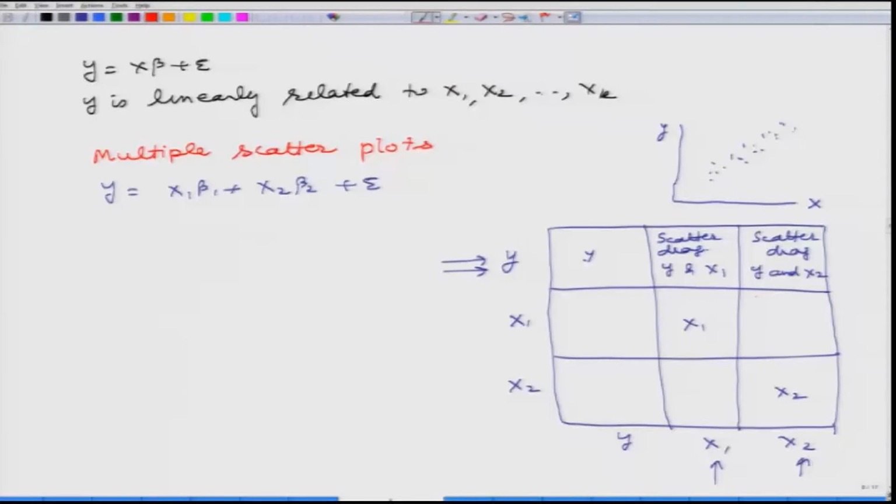One thing we have to notice is that this section will give us a scatter diagram between x1 and x2. What does this mean? I will try to demonstrate here how it actually helps us.